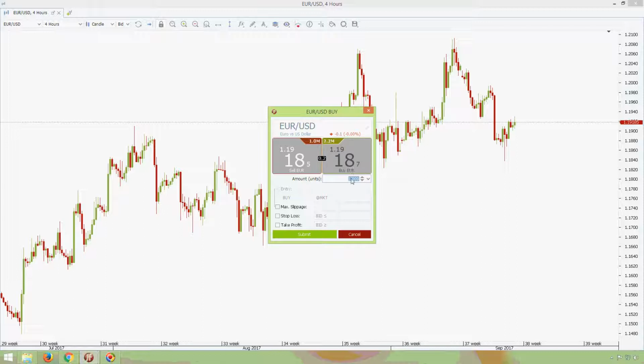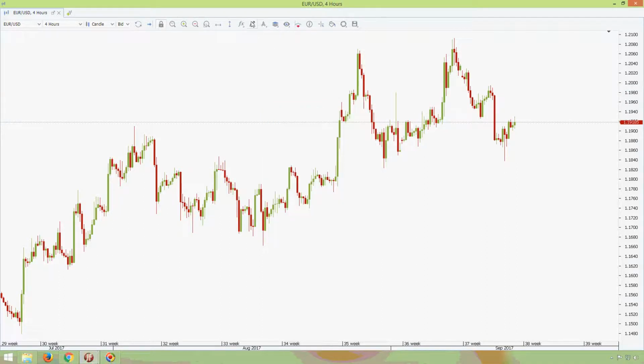Therefore, if we buy it here at 1.1918 and the market moves to the upside to 1.1980 or 1.20, the difference between the higher price and the entry price, or the exit price and the entry price, represents the profit. Or, if the market moves to the downside, it represents the loss. That's Forex trading, ladies and gentlemen, nothing else.